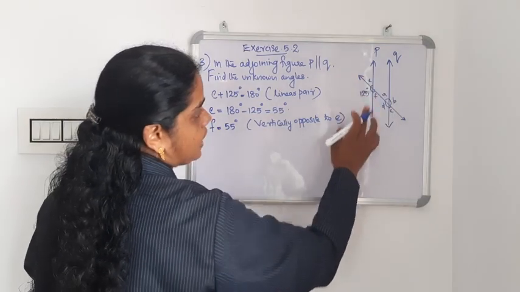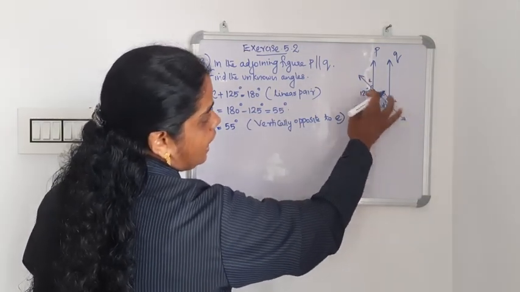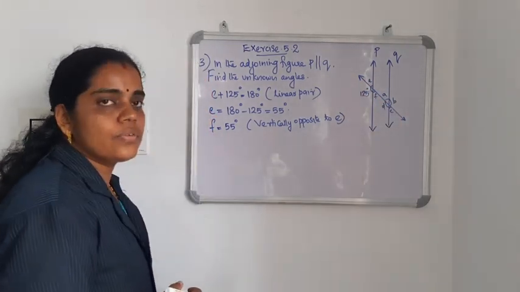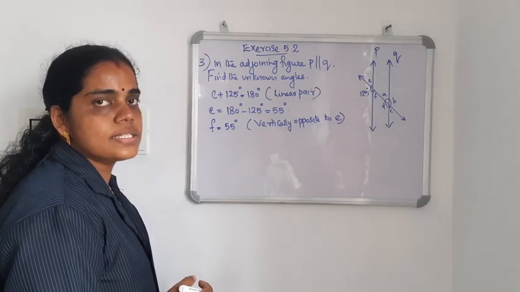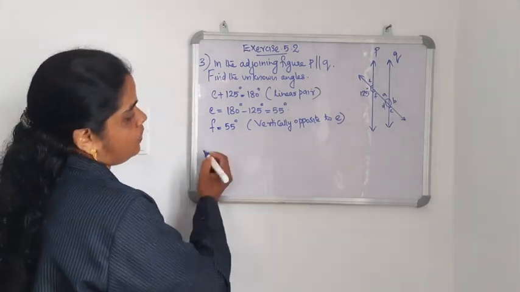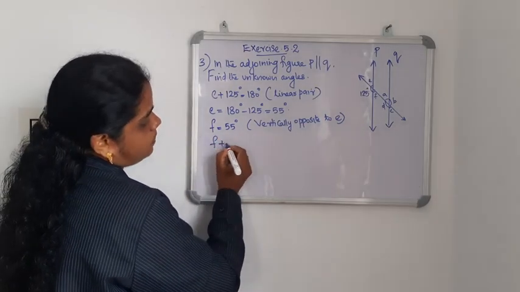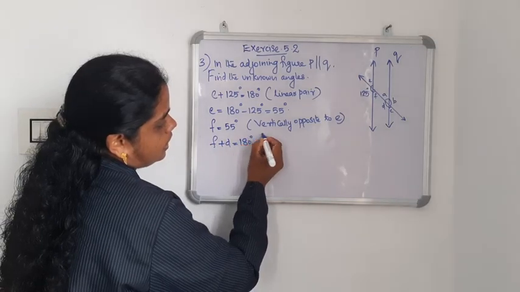Then, so these two angles are over. Then we need to find out D here. This is angles on the same side of the transversal. F and D are angles on the same side of the transversal. That forms supplementary, which means if we add F plus D, you will get 180 degree.